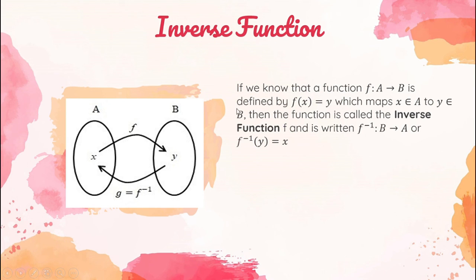And this is the example of inverse function. You can say the function f is from A to B, and the function g is from B to A. So this becomes an inverse function.